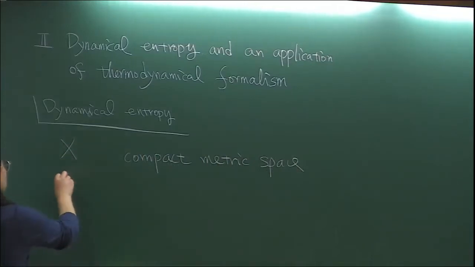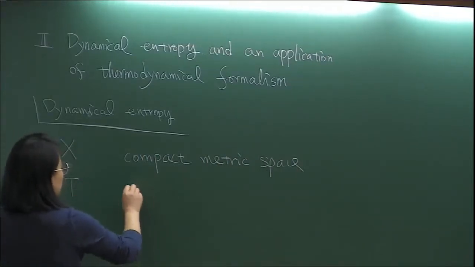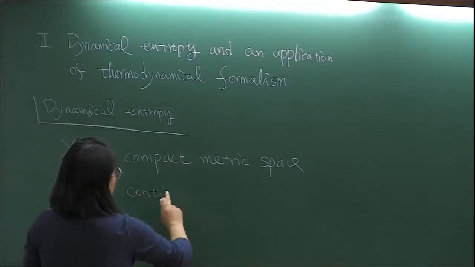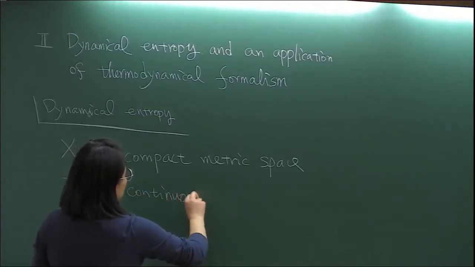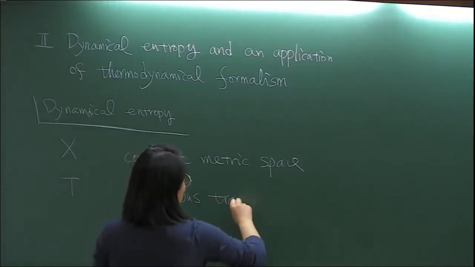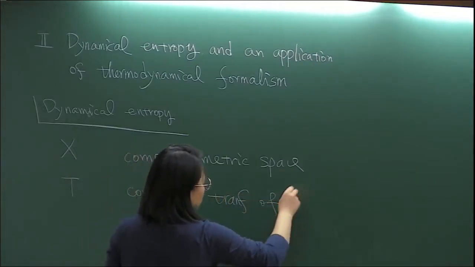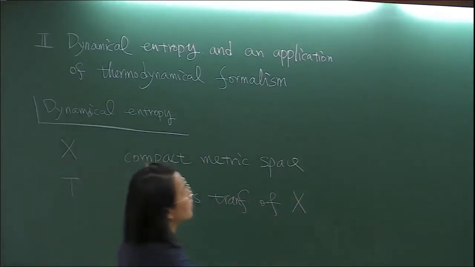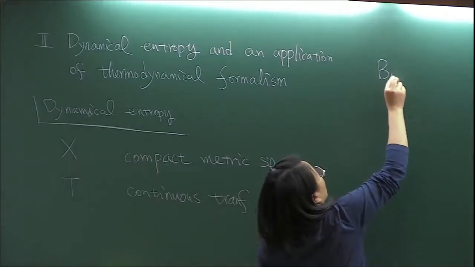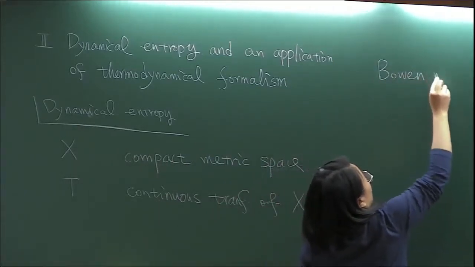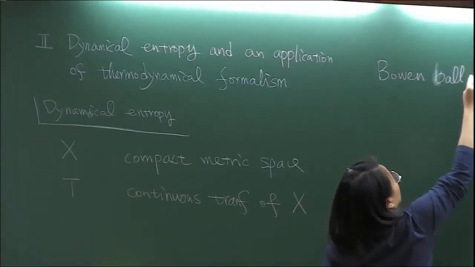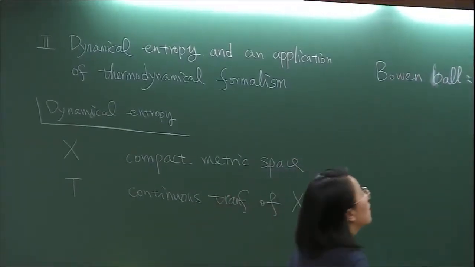And you have a transformation T, which is a continuous transformation of X, okay? Then you know that Bowen balls are defined as follows.